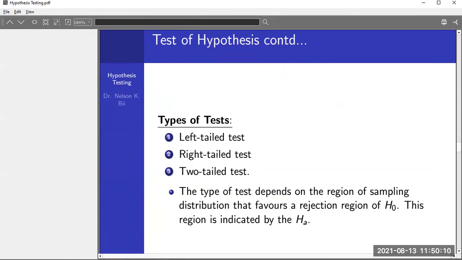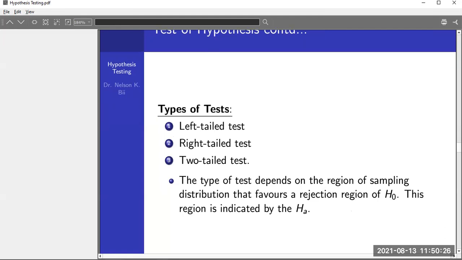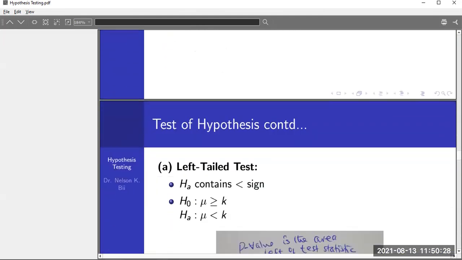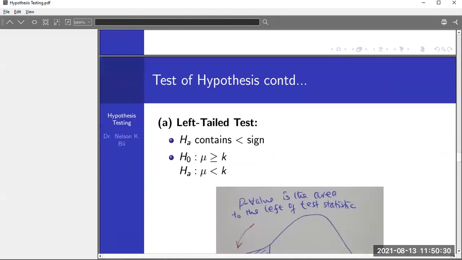We are going to see what that means by looking at sketches of the normal curves. The type of test depends on the region of the sampling distribution that favors a rejection of the null hypothesis, and that is given by the null hypothesis and the alternative hypothesis.